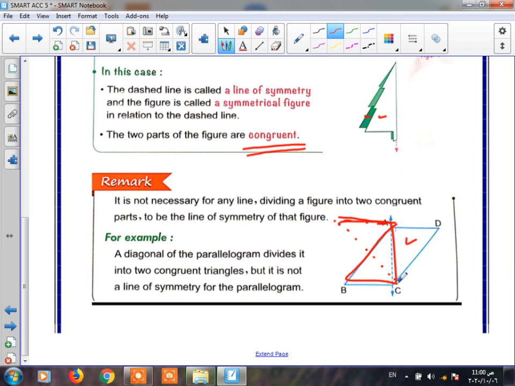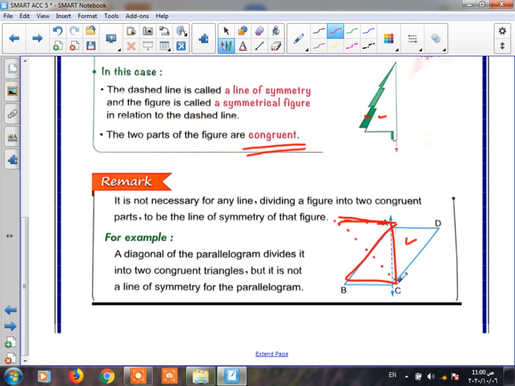For example, the diagonal of the parallelogram ABCD, as you watch, divides it into two congruent triangles, but it's not a line of symmetry. Both of the two parts are equal, have the same area, the same length, the same width, they are congruent, but this line is not an axis of symmetry.